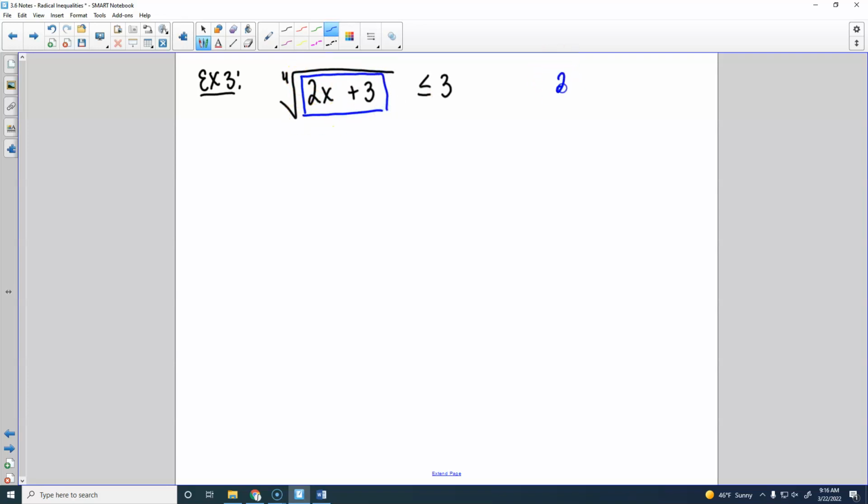So I've got 2x plus 3 has to be greater than or equal to 0. So 2x is greater than or equal to negative 3. Divide off that 2. X is greater than or equal to negative 3 halves. And so, to get rid of a fourth root, Blaine, what do we have to do?